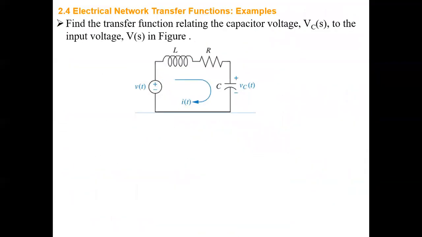So find the transfer function relating the capacitor voltage to the input voltage Vs. First of all, how many components are there? We have three components, L, R, and C. What is your input? That's your first step: figure out output and input.